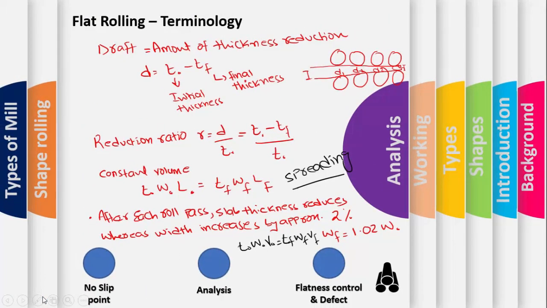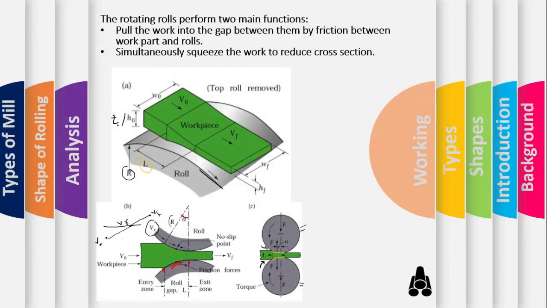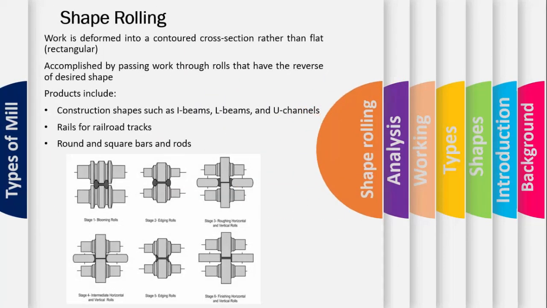So now moving towards the shape of the rolling operations, the shape of the rolling. As we have discussed, there are two types of roll: the flat rolling, which we have discussed earlier, and the shape rolling. In shape rolling, the work is deformed into a contoured cross section rather than flat.